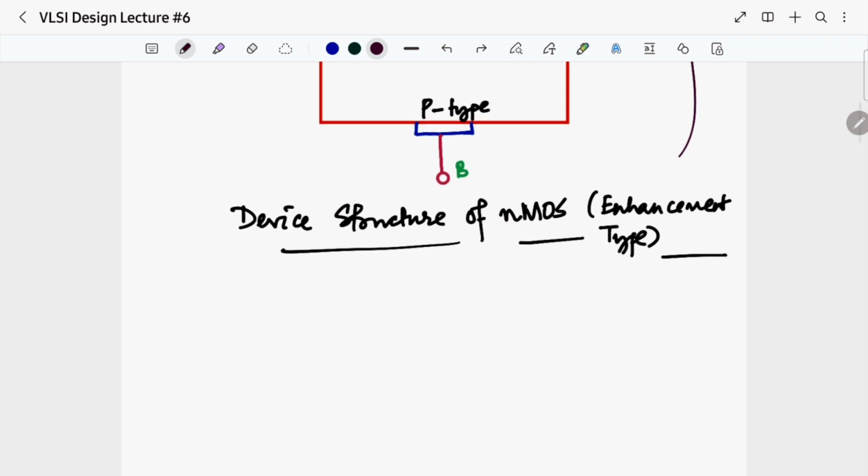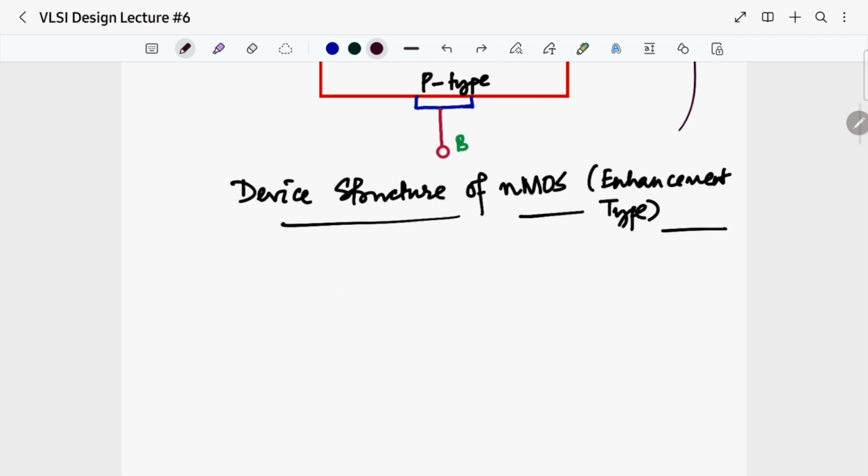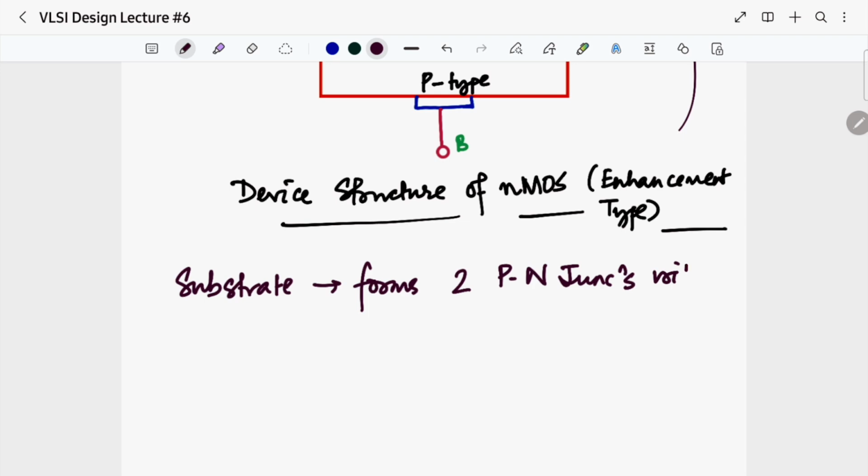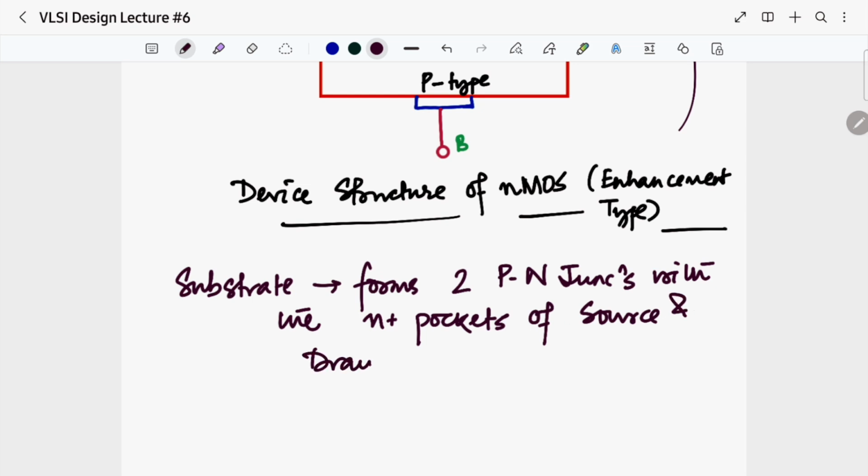So now what I'm pointing at is, normally the substrate forms two PN junctions with the N plus pockets of source and drain regions.